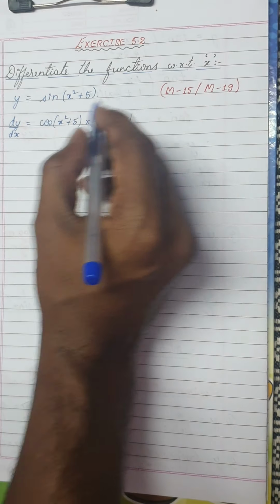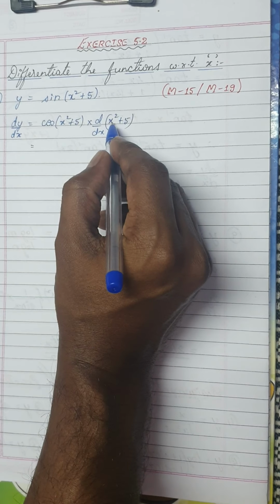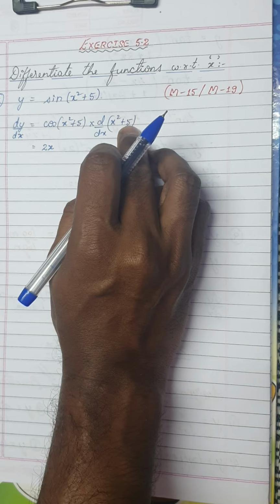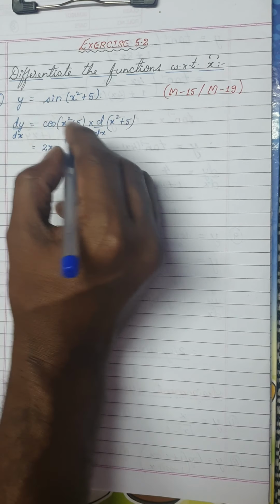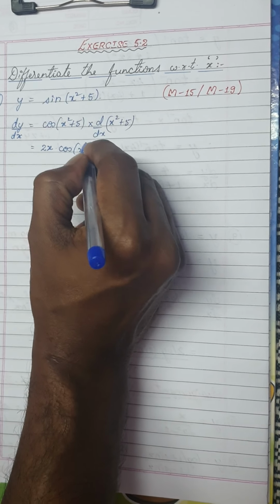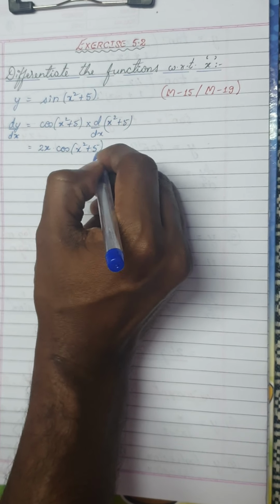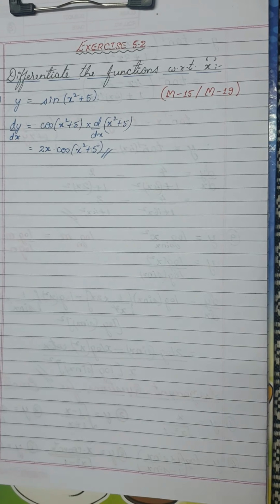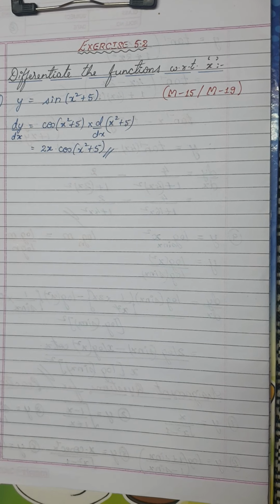Now what is the derivative of x square? Derivative of x square is 2x, and we know derivative of 5 is 0. So the answer is 2x into cos of x square plus 5. This is the derivative of the given function sine of x square plus 5.